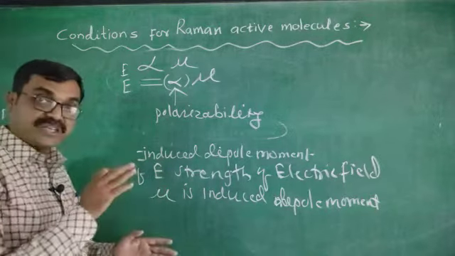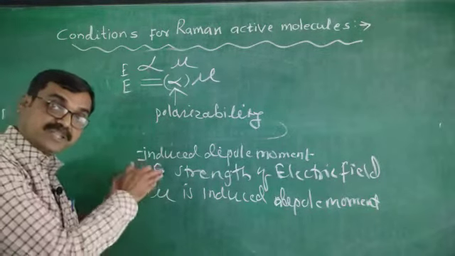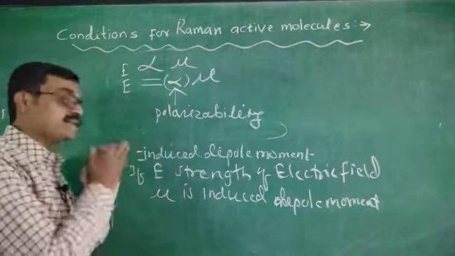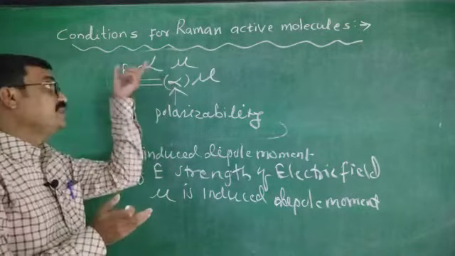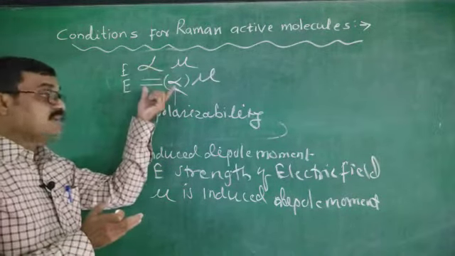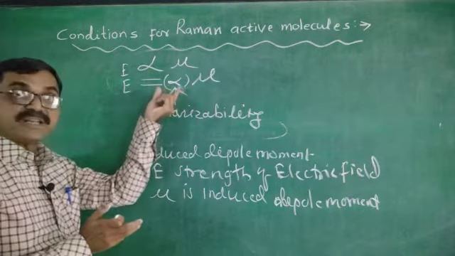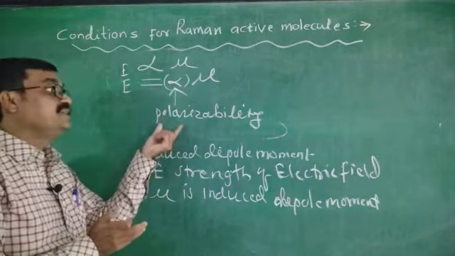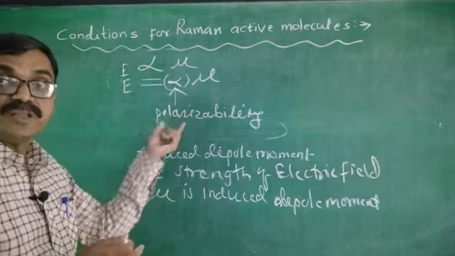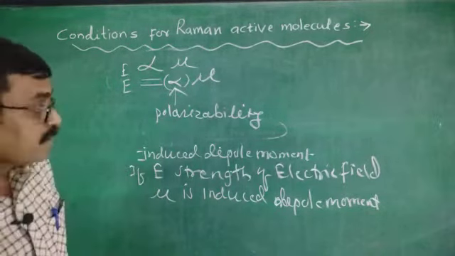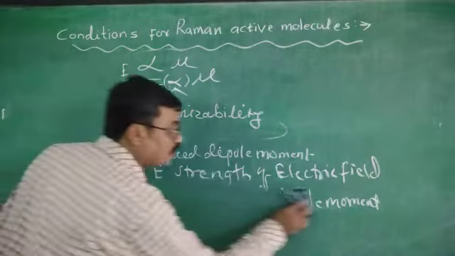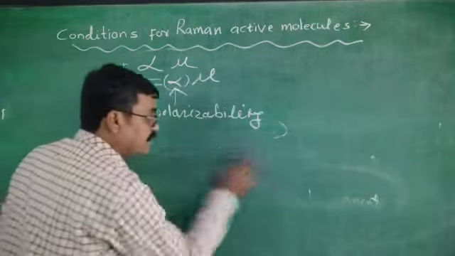There is a relationship between the magnitude of the strength of the electric field and the induced dipole moment. Later on, there is a constant, and that constant alpha is the polarizability of the molecule. Now see, which molecule shows the Raman spectra?